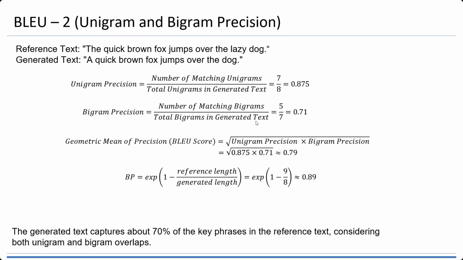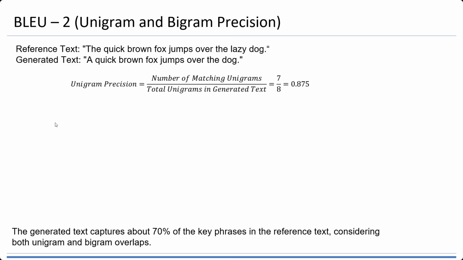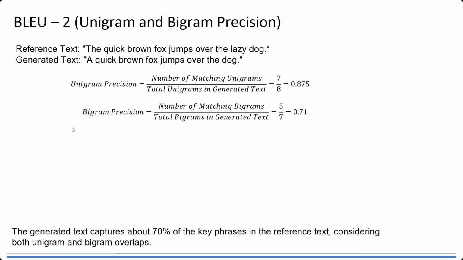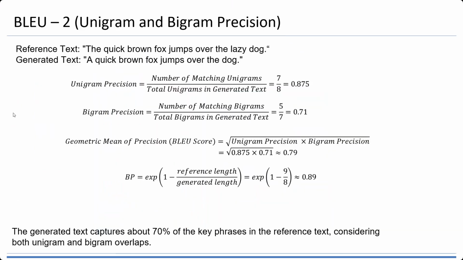Not the final score, this is the BP. BP is the brevity penalty. The BP can be measured with this formula: the exponent of 1 minus the reference length divided by the generated length.